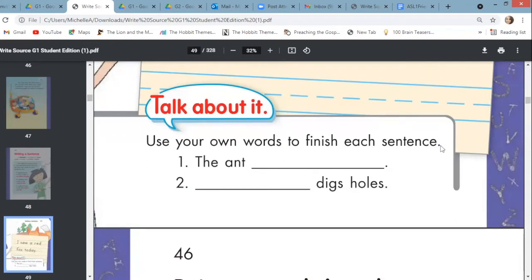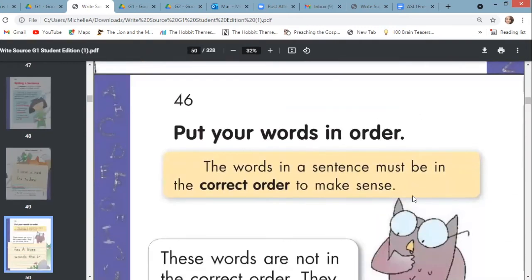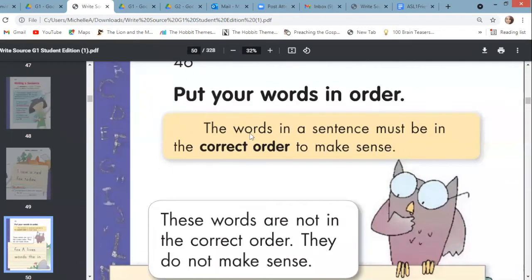I can't see everyone. One second. Okay, go ahead. I can't really hear you. What animal digs holes? Moles. Okay, so why don't you complete that sentence then? The mole digs holes. Okay, so that would be correct and in order.